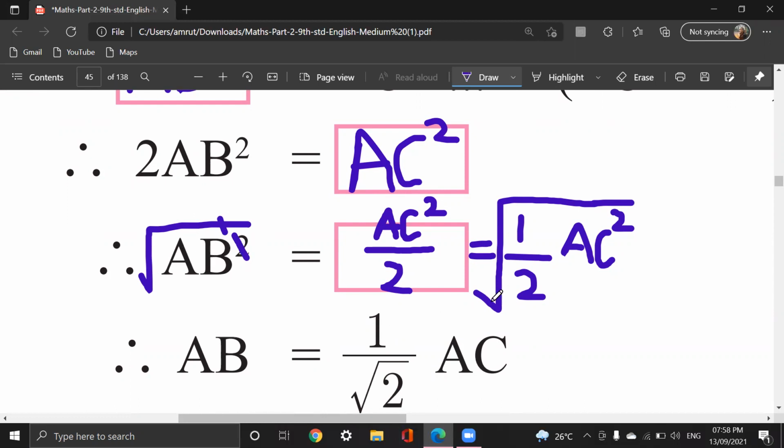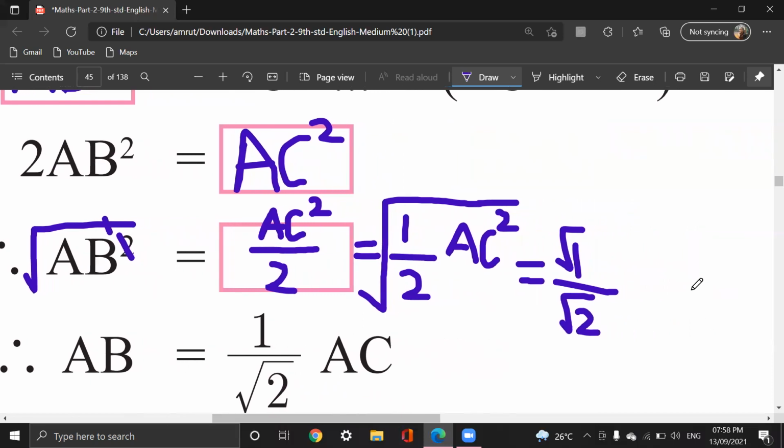Only AB is equal to, each and every term will get a square root. So how will it be? Equal to square root of 1 upon square root of 2 and square root of AC square.